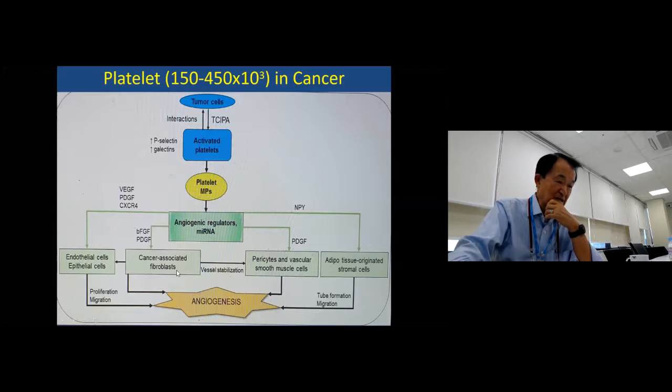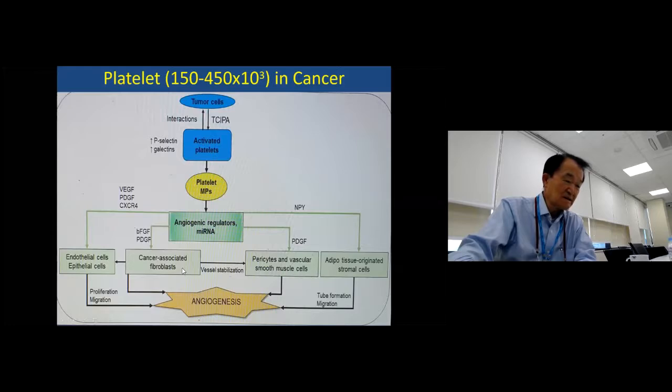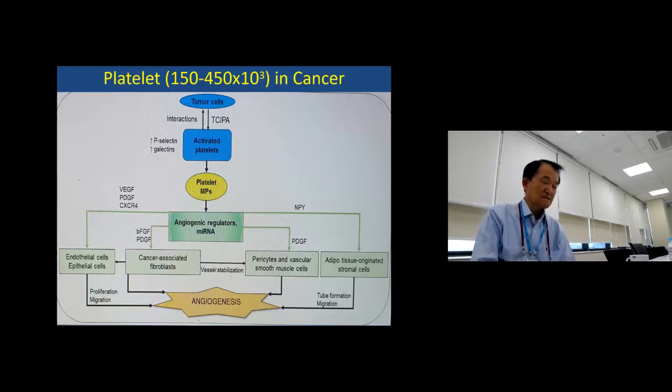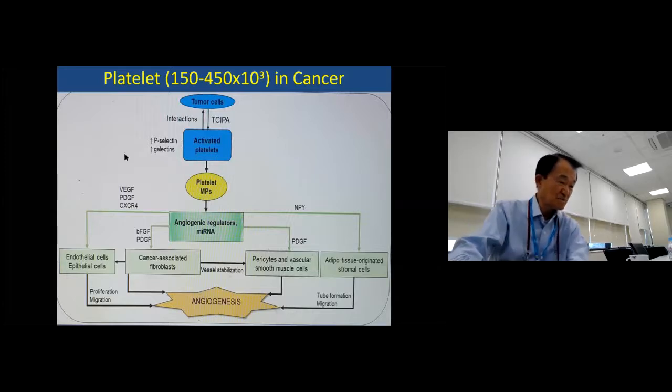So fibroblasts, as I mentioned the other time, pancreatic cancer has lots of fibroblasts. So that's why recently our PET imaging using radiolabeled fibroblast seems to be the best cancer imaging agent at this time. So we are hoping to use that in clinics very soon.